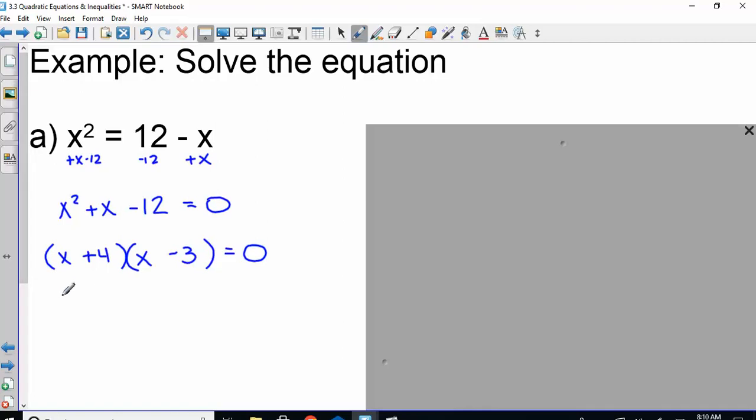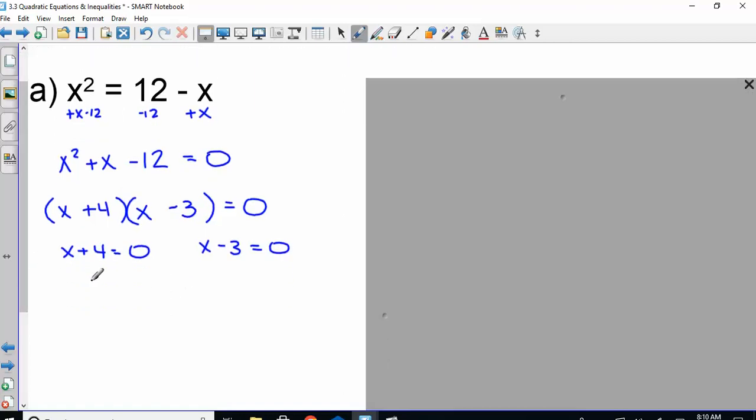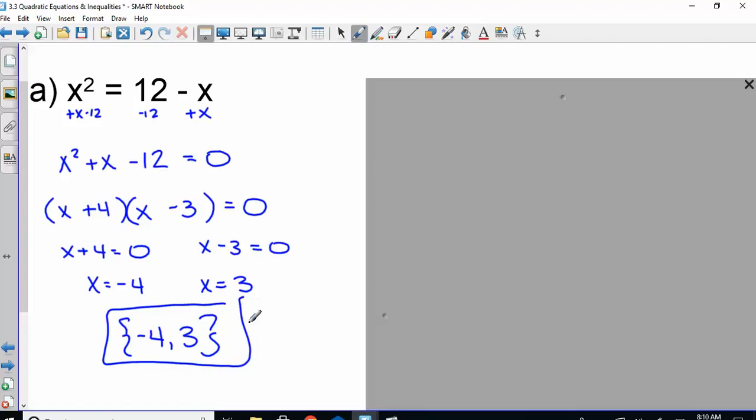Set each of these factors equal to 0. So if we subtract the 4, we get x equals negative 4. Add the 3, we get x equals 3. So negative 4 and 3 are my only two answers.